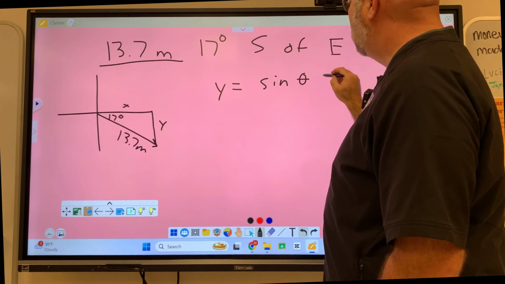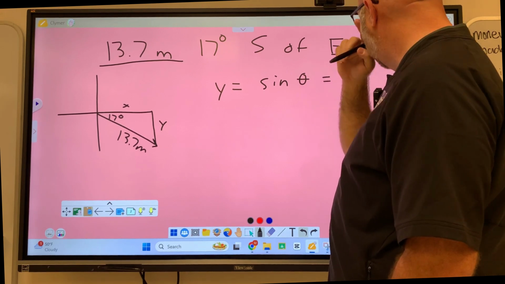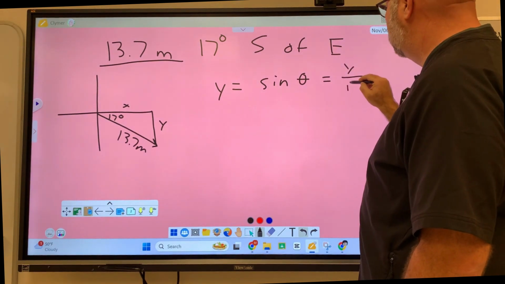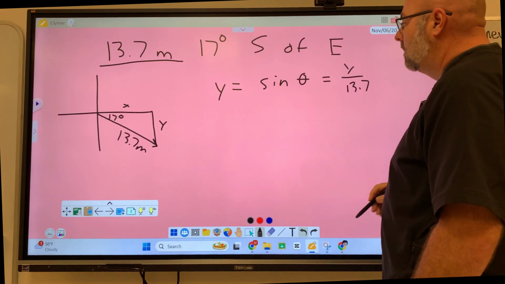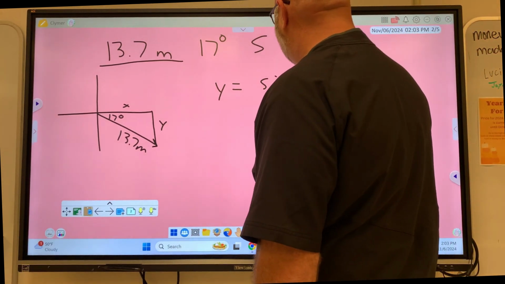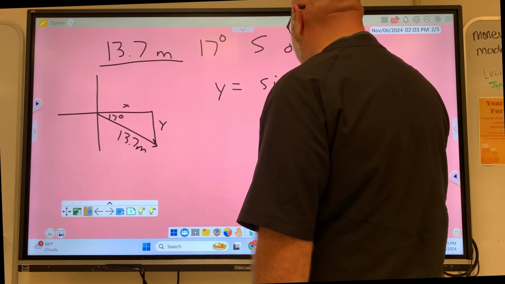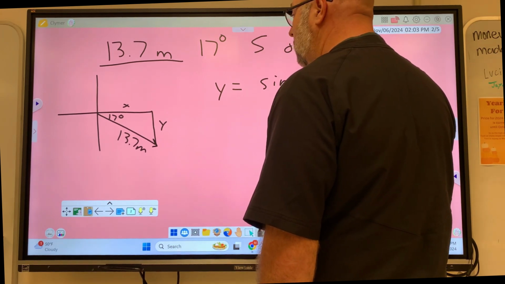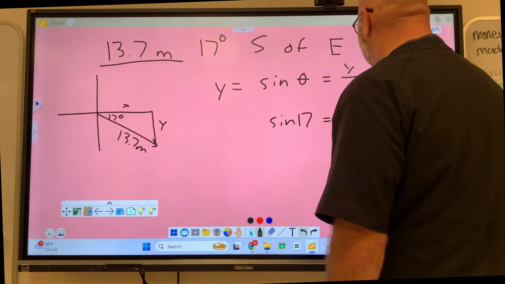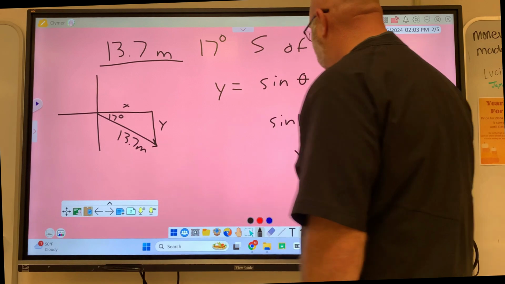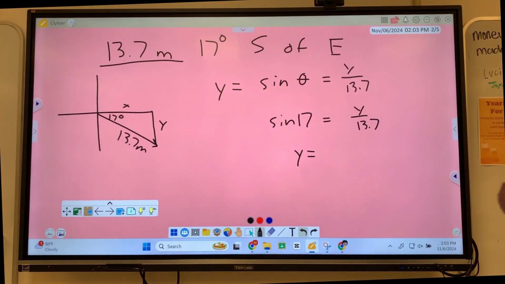Sine theta equals opposite over hypotenuse. Sine of 17. What's y equal? 4 meters.